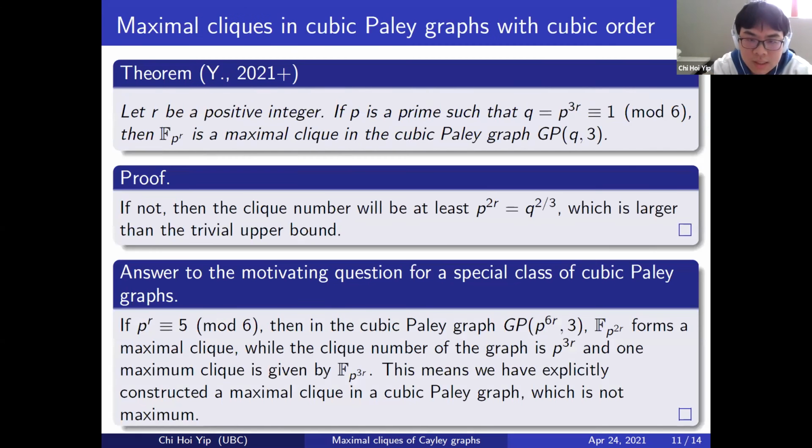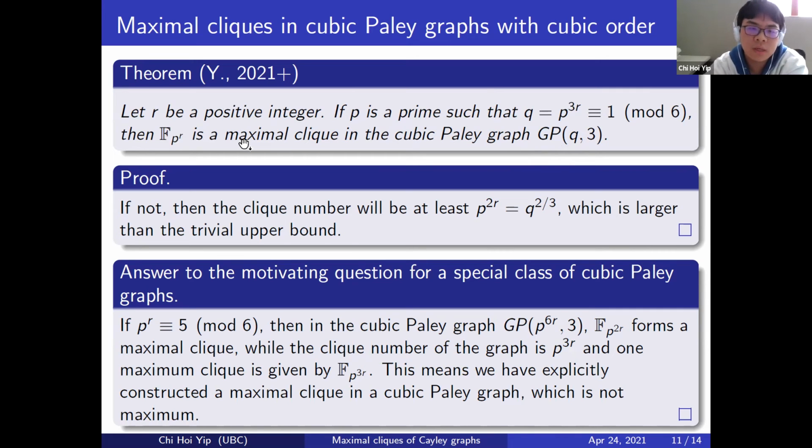So let's see a quick proof of the maximal clique result for cubic Cayley graphs with cubic order. Let Q be p^3r. Then we can conclude that F_{p^r}, the subfield with p^r elements, forms a maximal clique in the cubic Cayley graph with order Q. We can prove this by contradiction.